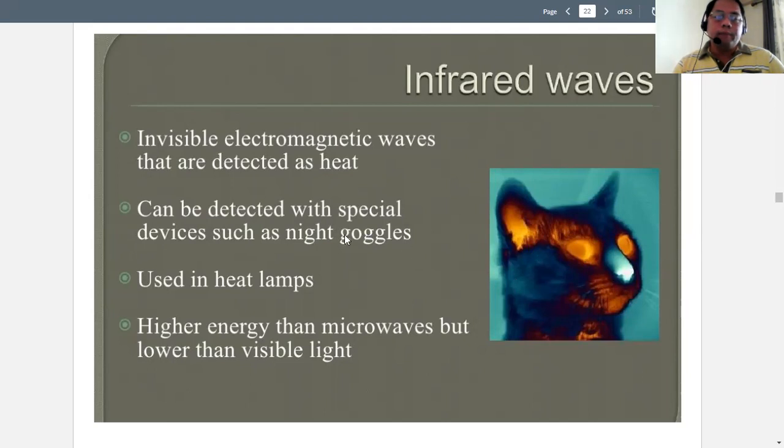So the infrared goggles, the goggles that are used by some militaries, are the ones that detect this heat in human beings. So they are able to see people when they move.